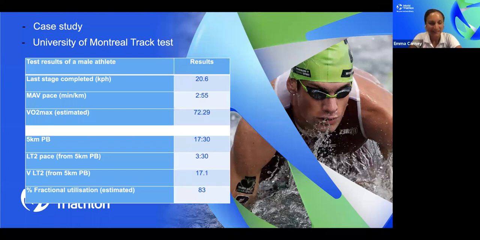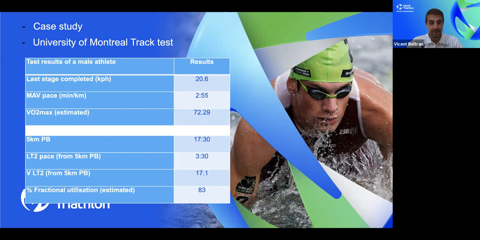What's the reason behind finding out the personal best in 5K? Because as we discussed with the FTP test, unless we find out where the anaerobic threshold is, we end up relying on estimations, and the estimations say it's around 80 to 85% of the VO2 max, but it might or might not be.